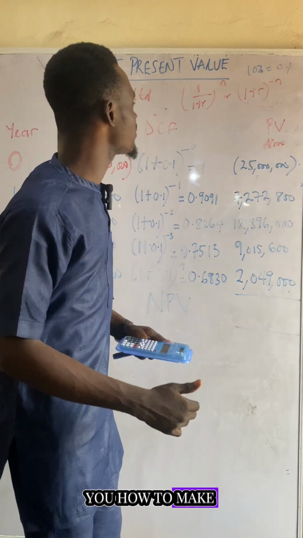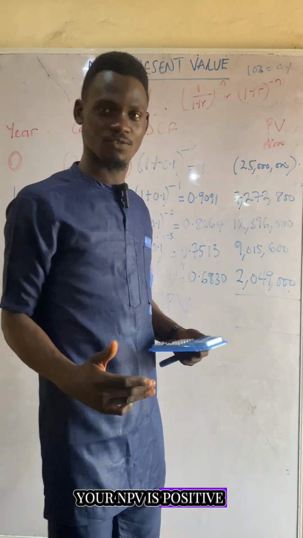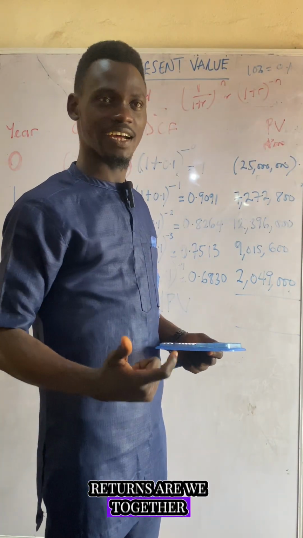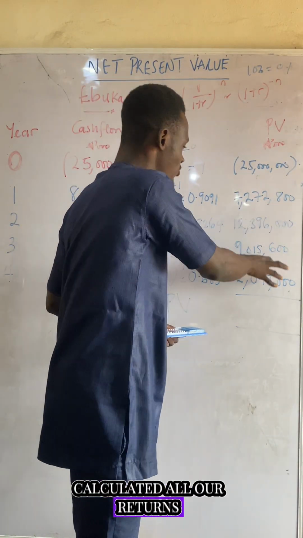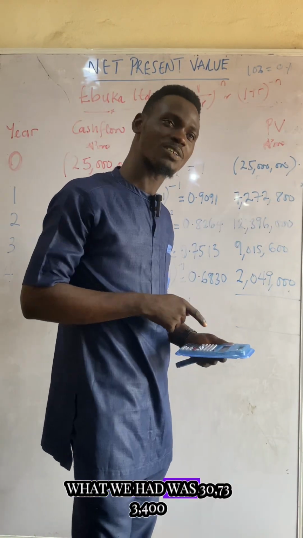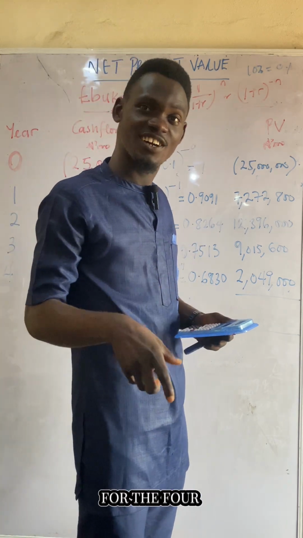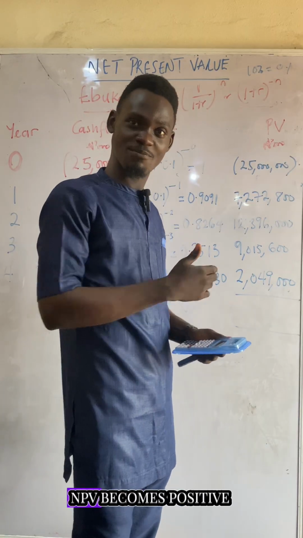Now remember, I told you how to make decision in NPV, right? I told you when your NPV is positive, it means that your returns are greater than the initial investment. So by the time we calculated all our returns from year 1 to year 4, what we had was 30,733,400, which means our return for the 4 years is greater than the initial amount we invested. So you see, our NPV becomes positive.